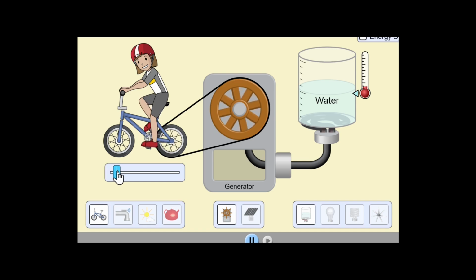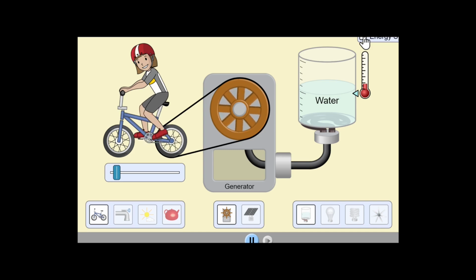She's going to start pedaling the bicycle. The bicycle is going to turn this wheel. This wheel is going to generate electricity. The electricity is going to go into this resistor here, basically a kettle, and it's going to heat up the water.